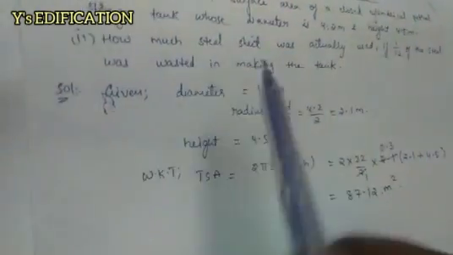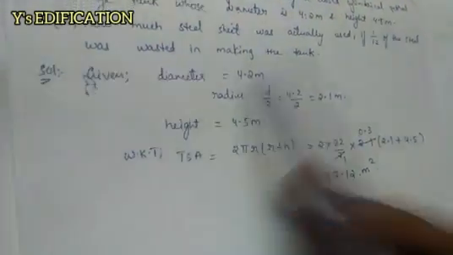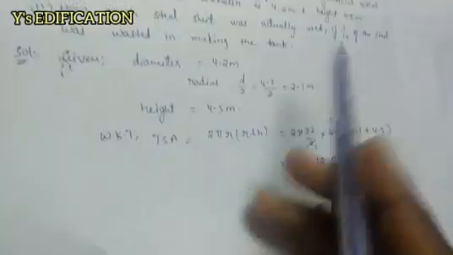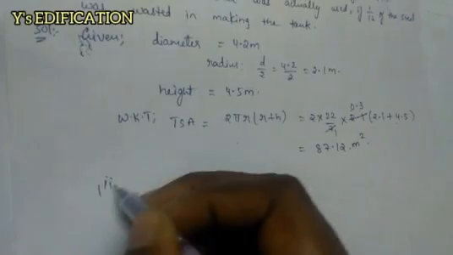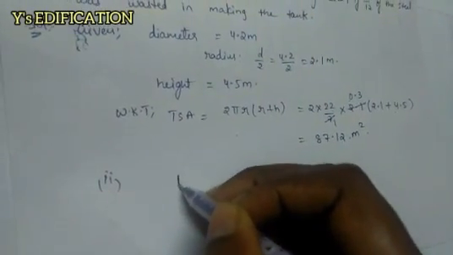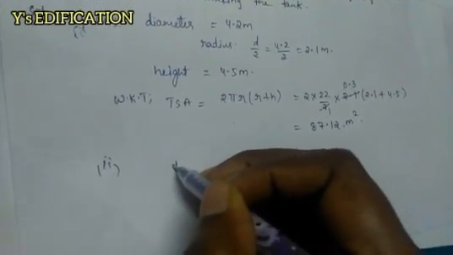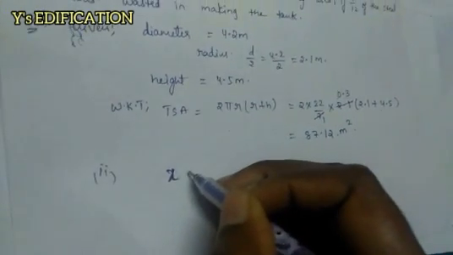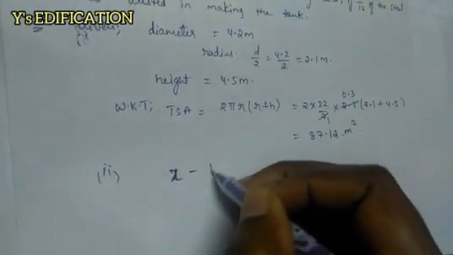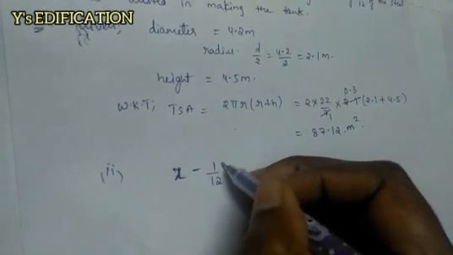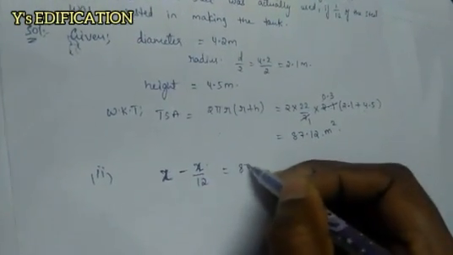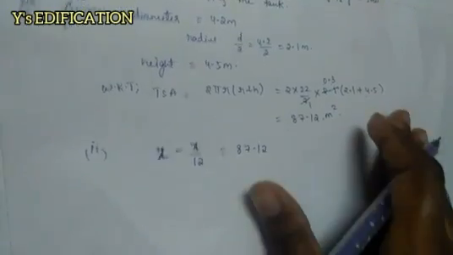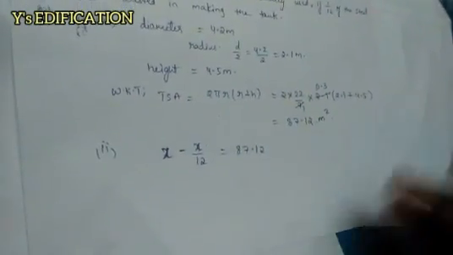Next, if 1/12 of the sheet was wasted, what is the steel sheet that is actually used? Say x part of the sheet is used, in this 1/12 is wasted, so x minus 1 by 12 x is wasted, which is equal to 87.12 meter square, the cylindrical tank.